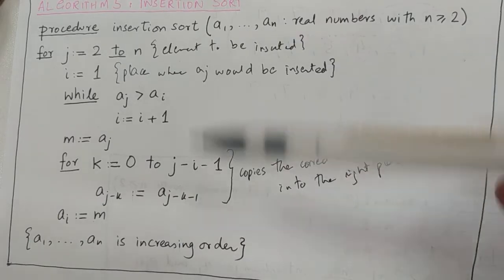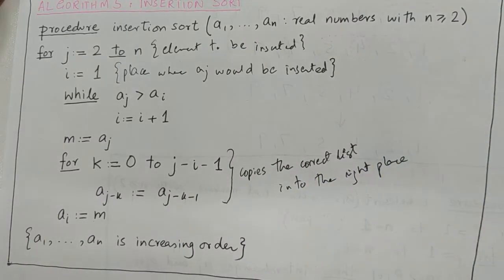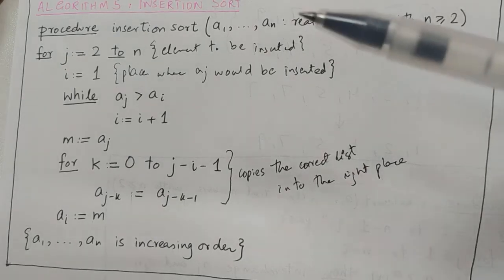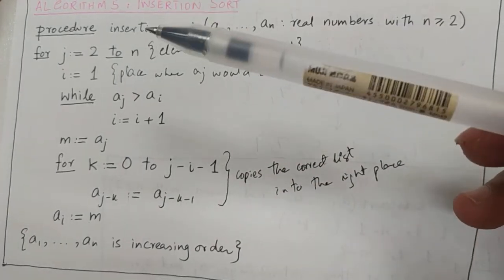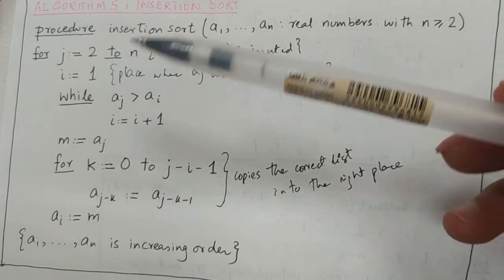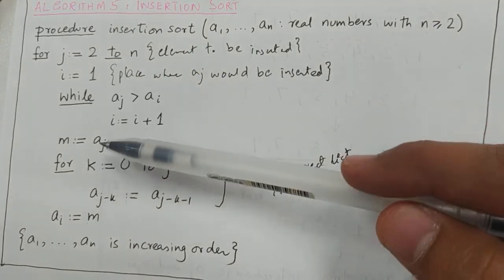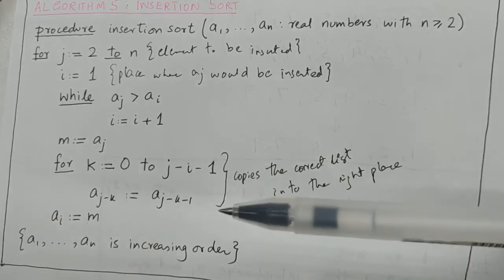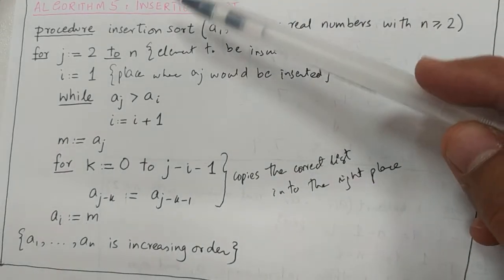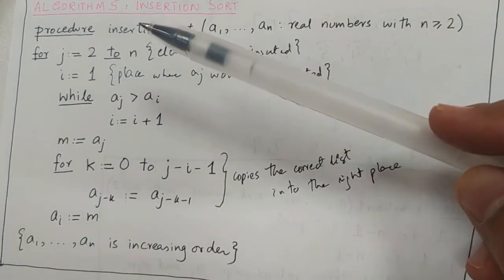I understand that this is a complicated code which won't be immediately clear to you, and so you can do two things. You can check out the next video where I go through this algorithm step by step, checking what the value of j is, what the value of i is, what m gets set to, how the list changes with time. Or you can just take this algorithm and play with it on your own.